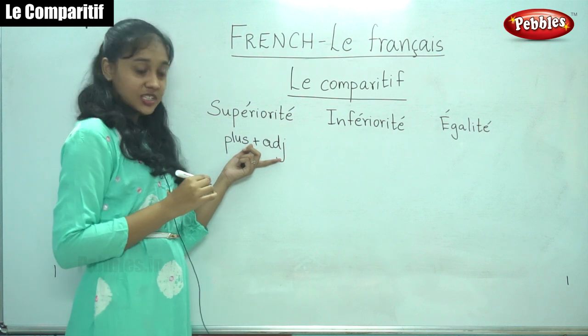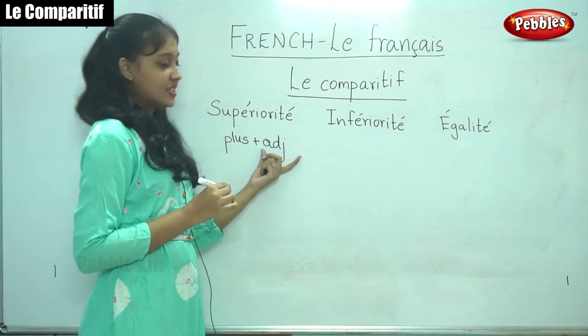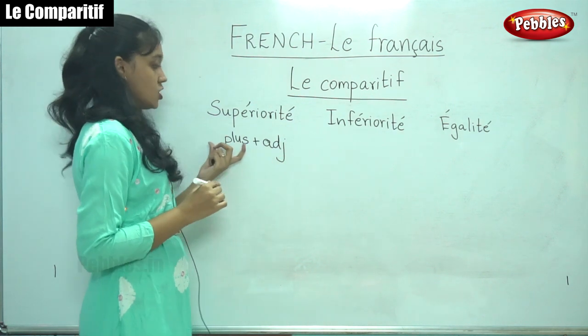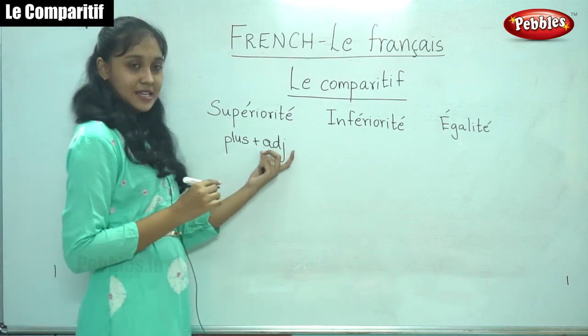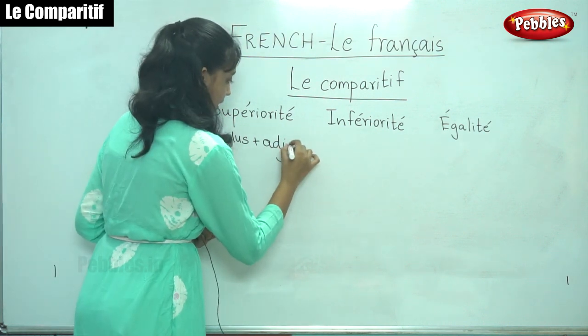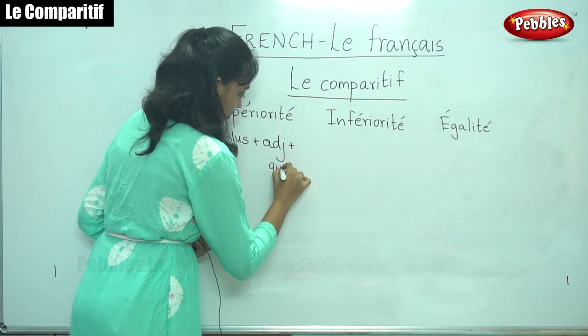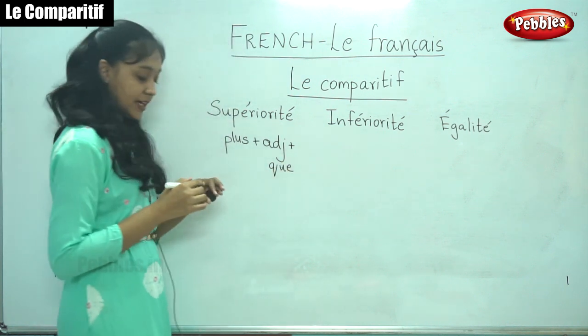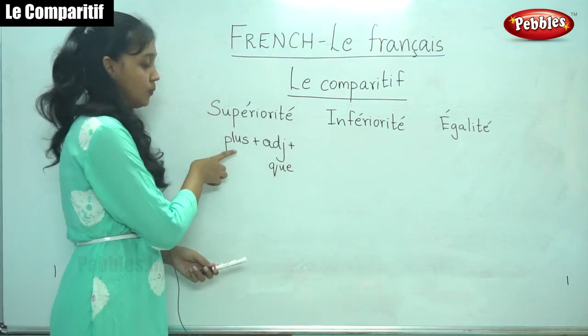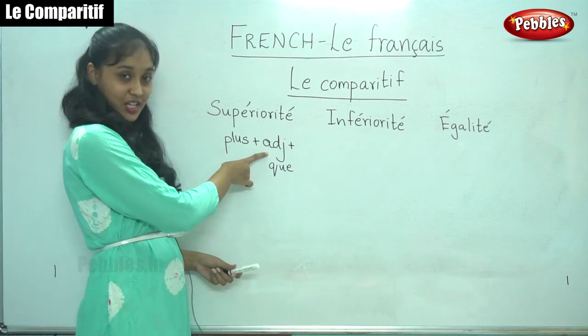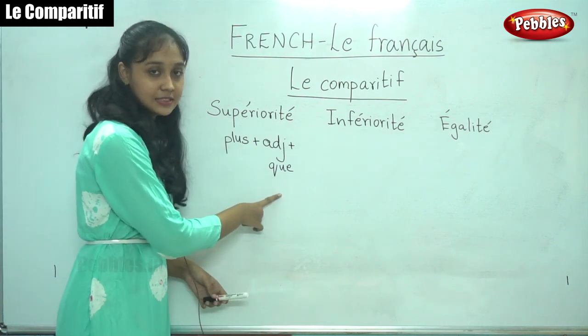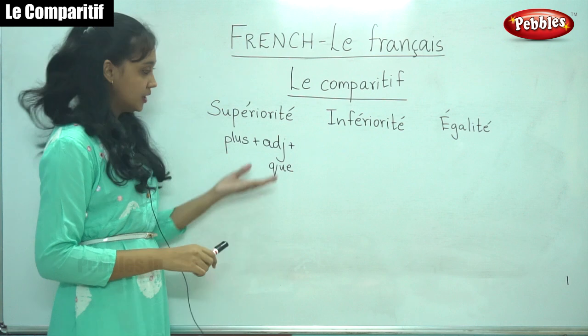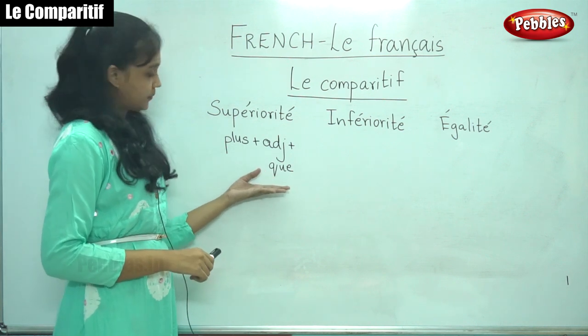So, what is an adjective? It is used to describe a noun. So, we use plus plus the adjective plus que. So, how do we write superiority? Plus plus adjective plus que. That is all you have to remember in superiority.